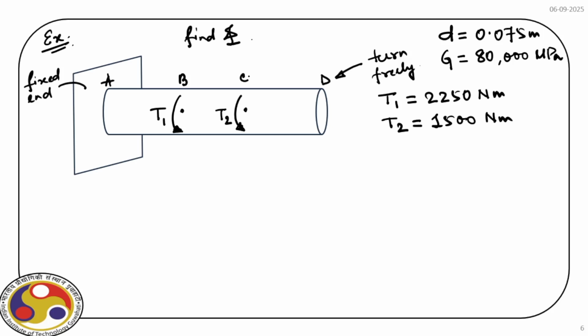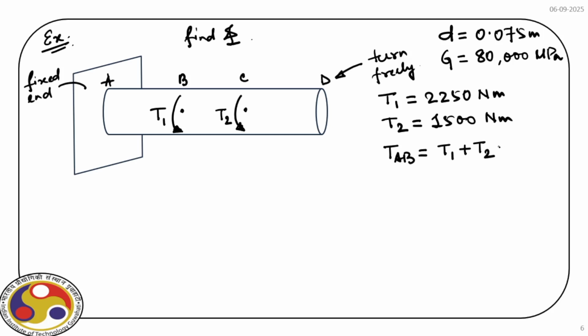Note, one end is fixed, the other end is free, and over the length we apply two different values of torque, T1 and T2. Now, if you note the segment AB, over that the value of torque TAB is equal to T1 plus T2, right?